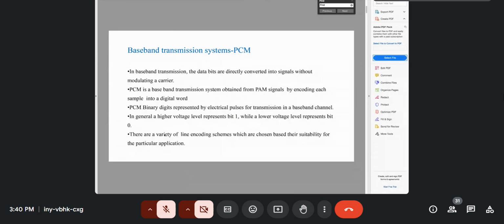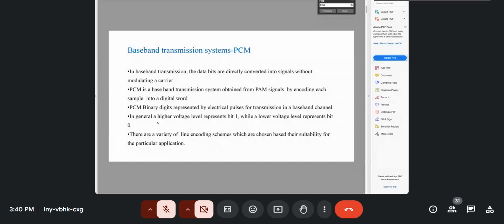Because depending on the levels, the quantization noise will be more when you have fewer levels. You have more levels, it reduces quantization noise. So if you have more levels, then you need more bits.